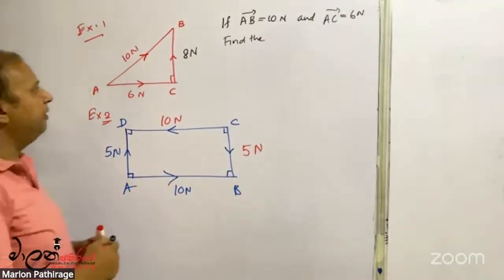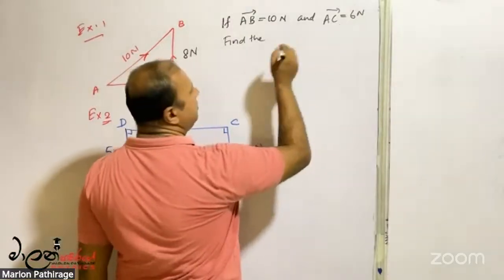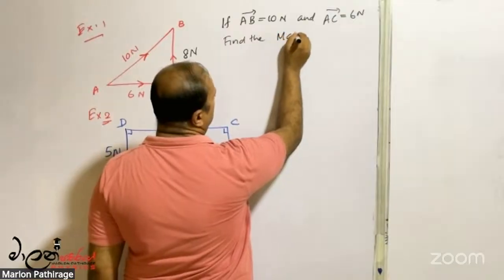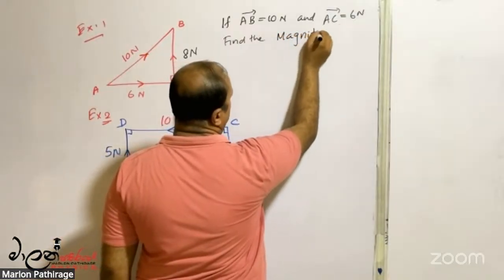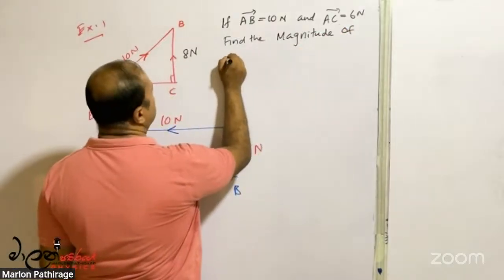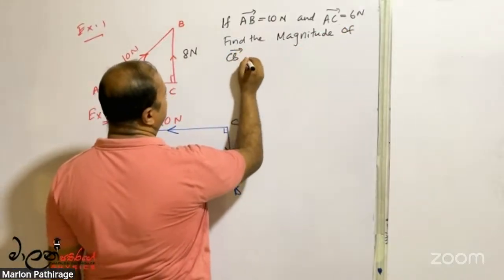Example one: if AB vector is 10 Newton and AC vector is 6 Newton, find the magnitude of CB vector.